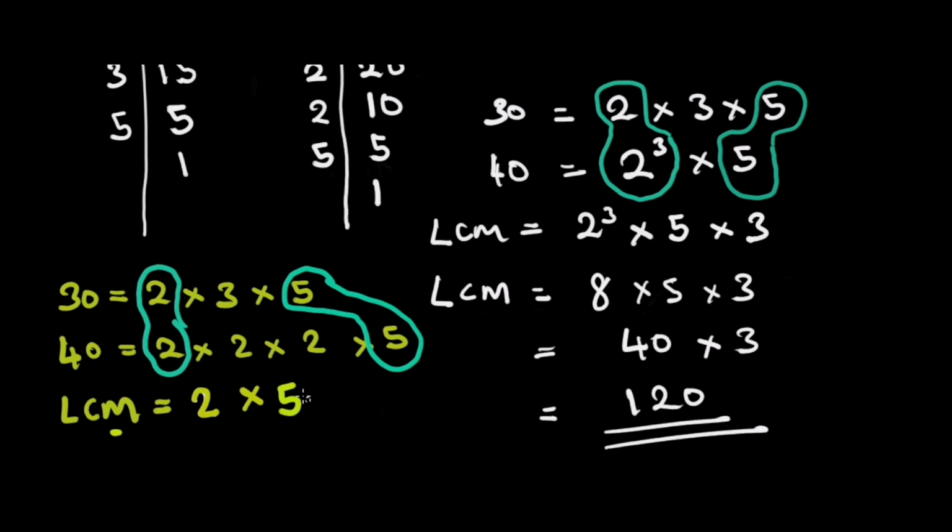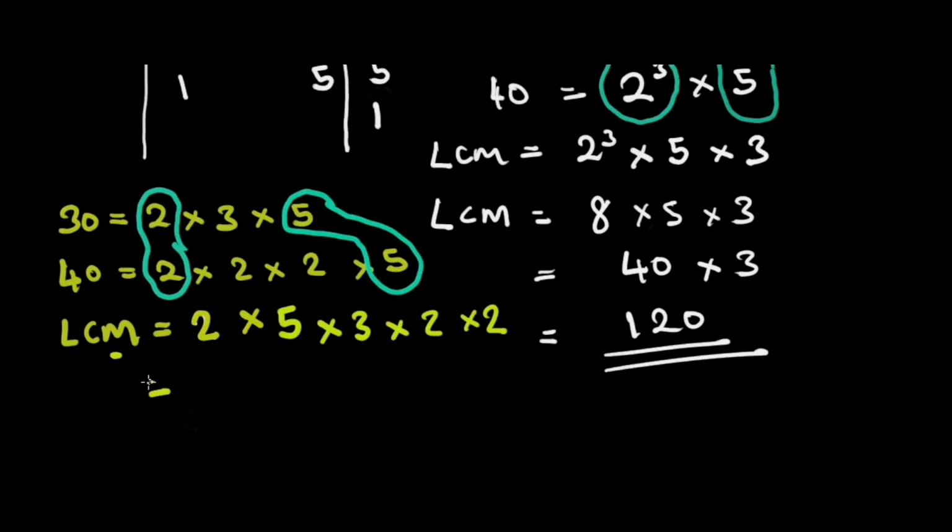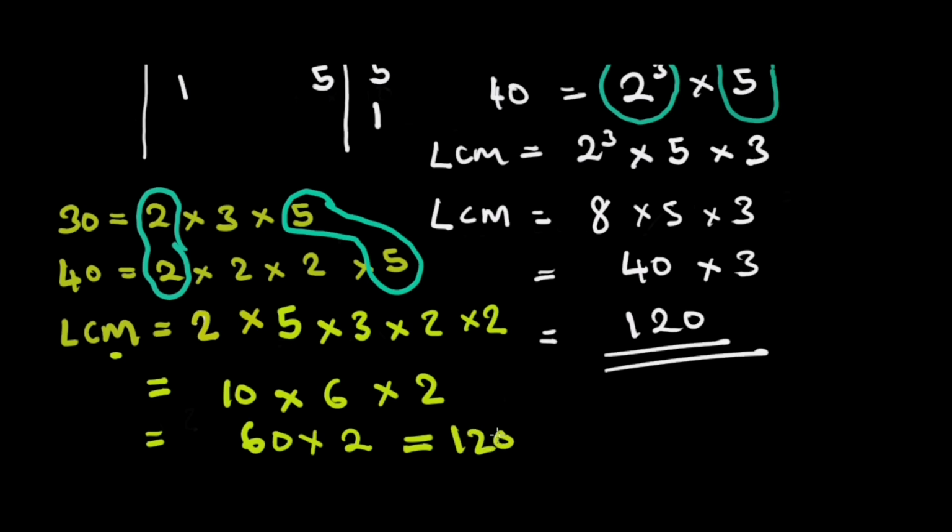Saka panapa tinenge takuti times 3 kureva 3 uyu, times 2 kureva 2 uyu, times 2 kureva zvakare 2 uyo. Saka tadai so manje 2 times 5 ndi 10, vatati times 3 times 2 ndi 6, vatati futi times 2. Saka panapa tana 10 times 6 anova 60 times 2, which is equal to 120.